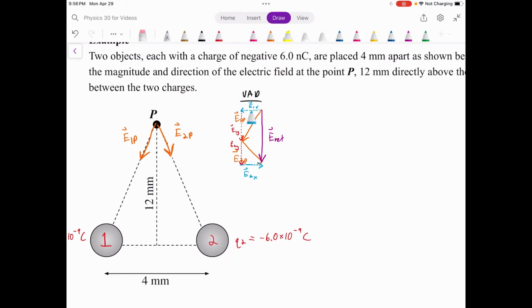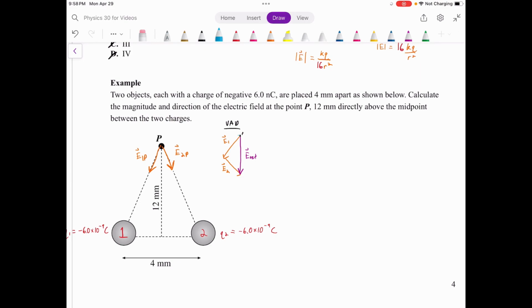They wouldn't cancel out if this had a bigger charge magnitude, because then this electric field would be bigger, and therefore its x component would be bigger and its y component would be bigger. So that would no longer cancel out with this one's x component. But in this situation, since they have the same charge magnitude and they're exactly positioned in the middle of them, we can be pretty confident with that. We can take advantage of that later when we're actually calculating.